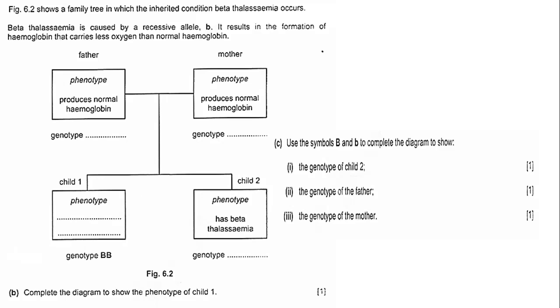So now he's asking you, child 2 of this family has beta thalassemia. So what do you think is the genotype of child 2? So the answer will be that child 2 will be homozygous recessive because he or she has beta thalassemia.